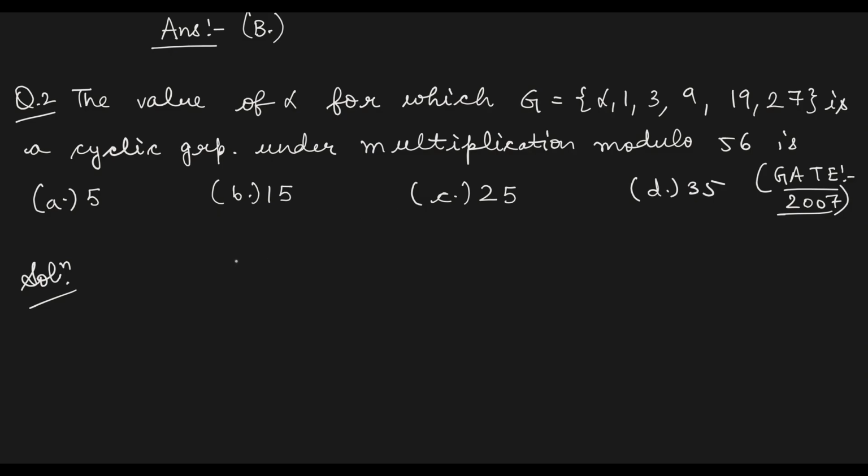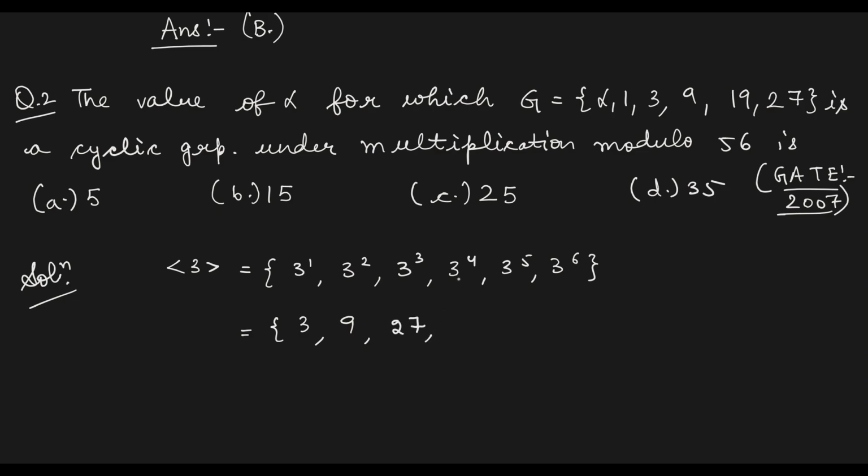If I multiply 1 any number of times, it will give 1 only. Then 3 into 3 into 3 is 27, and 3 to the fourth is 81, so 81 minus 56 gives 25. Similarly, taking 9, the square of 9 is 81, again 25 comes. So 25 was the missing element.